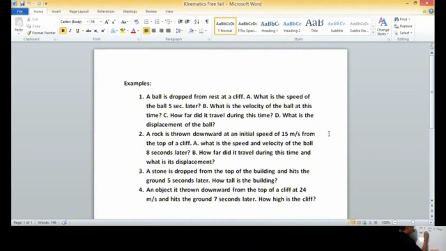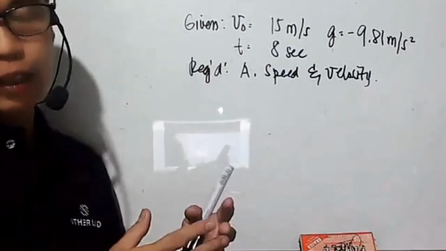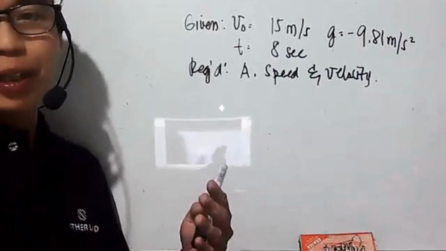Okay, so required for A is the speed and velocity. So let's try to solve this one. Wait, I'll remove the share tree so you could understand and see it better. Given yung initial velocity, it is 15 meters per second.